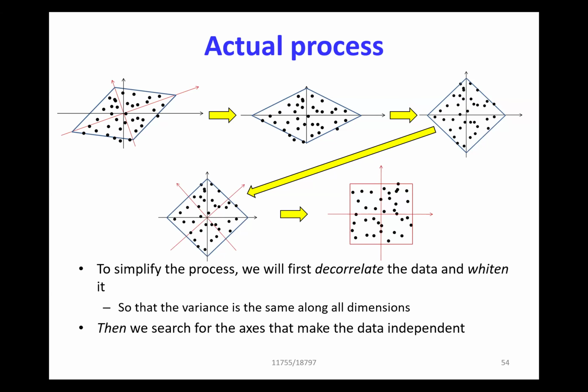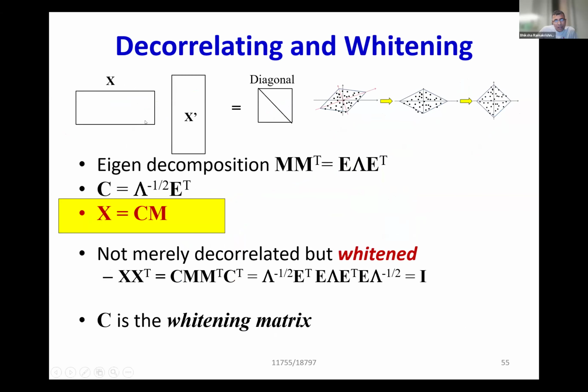Question. For decorrelating it, do we just use something like PCA? That's exactly what we're going to do. For decorrelating it, we want to make the principal axis the new axis. But if you make the principal axis the new axis, the variance along the different components are still going to be different. So you will normalize to make the variance along the different components the same, which means that, if this M is my original data, I can find its covariance matrix and perform an eigen decomposition, which gives me E lambda E transpose.